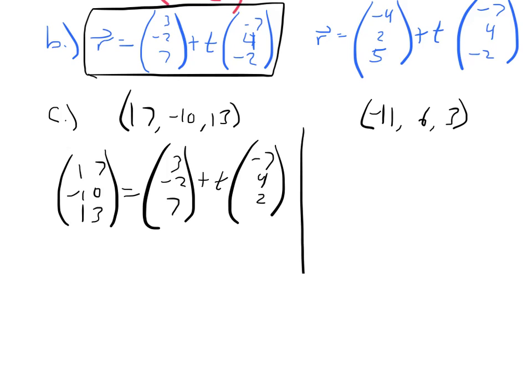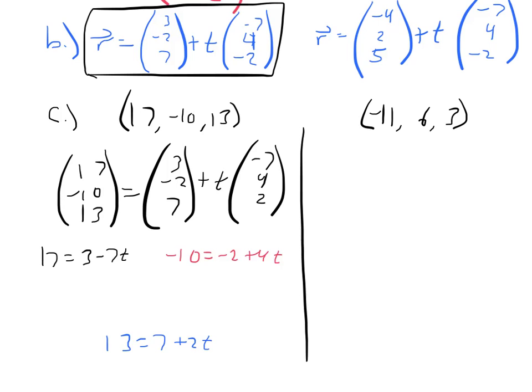So I set the x parts equal, that 17 equals 3 minus 7t. Set the y parts equal, negative 10 equals negative 2 plus 4t. And I'll set the z parts equal, 13 equals 7 plus 2t. I think I did all those right, yeah.